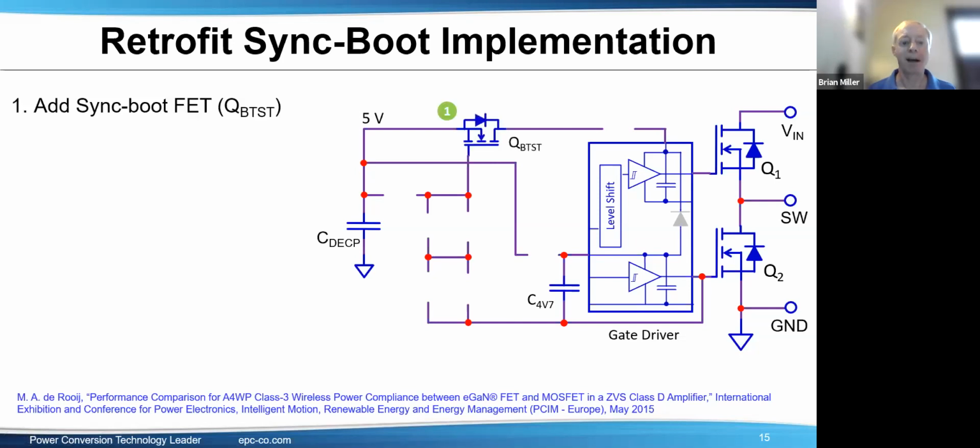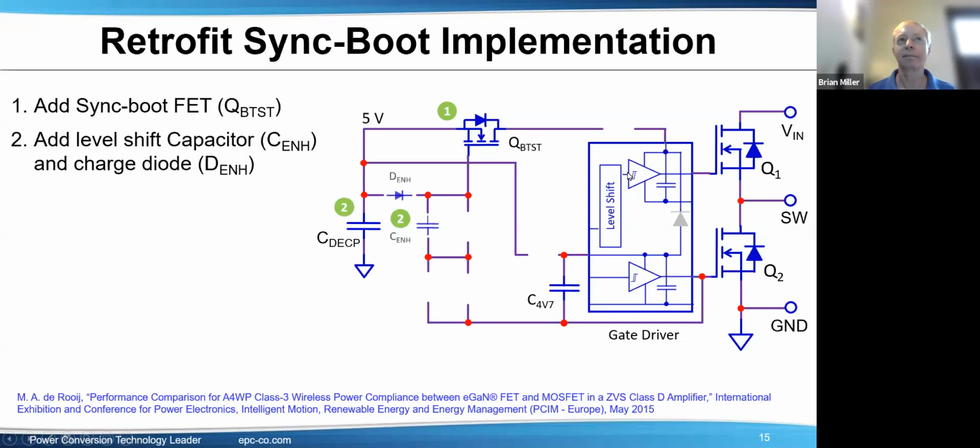To go through some topics, first you add the FET. Here's the FET added in a way that will directly charge up the top gate driver. Second, you want to add a level shifting capacitor and a charge diode. So this is a charge pump. Every time this node goes down, it'll charge up this capacitor.